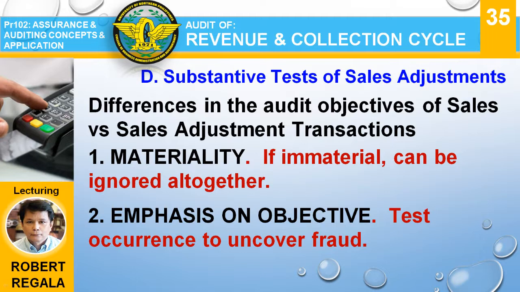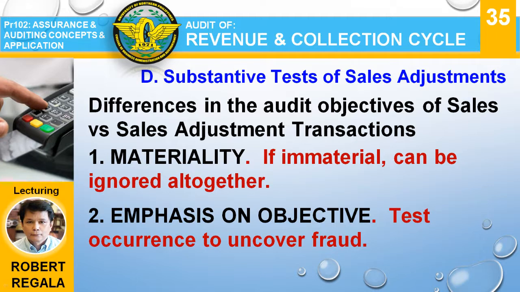The first relates to materiality. If the amount of sales returns and allowances are so immaterial, which means the amount individually or in aggregate is below the class or scope materiality, they can be ignored in the audit altogether.